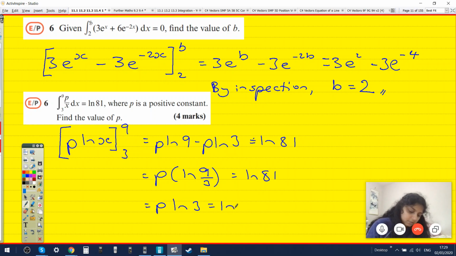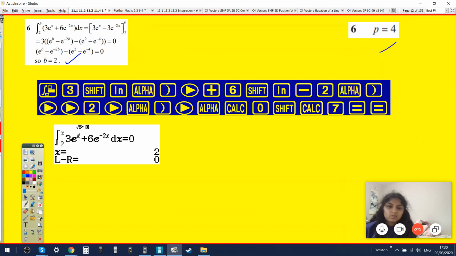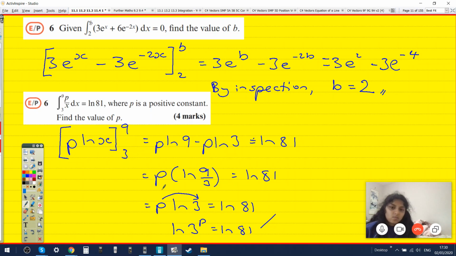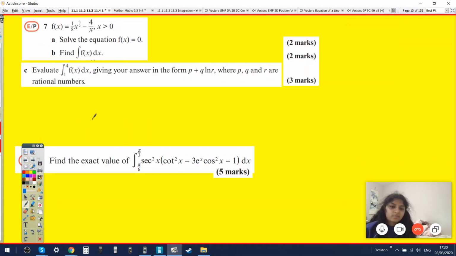So P is equal to ln... P is equal to 4. Yeah. So using your log rules, you can do that. Just divide in the calculator. Yeah. All good. P is 4. And you can use the graphical calculator to put this one in because that has different letters. Good.